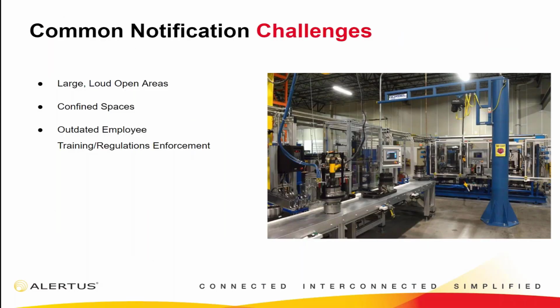Now, addressing some of these challenges, so what are some of these challenges pretty much? Now, when we're in these environments, as you see here on this image, we might have confined areas, large, loud, open areas where it may be difficult to get a message across to people.